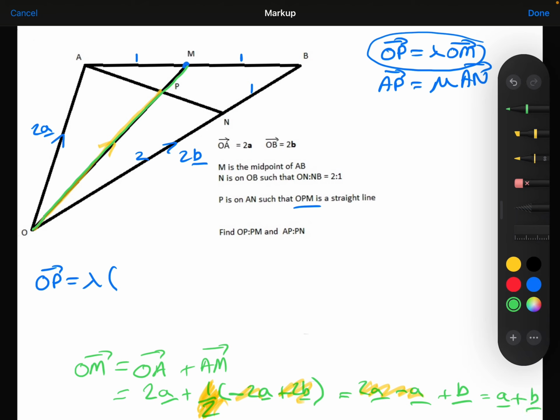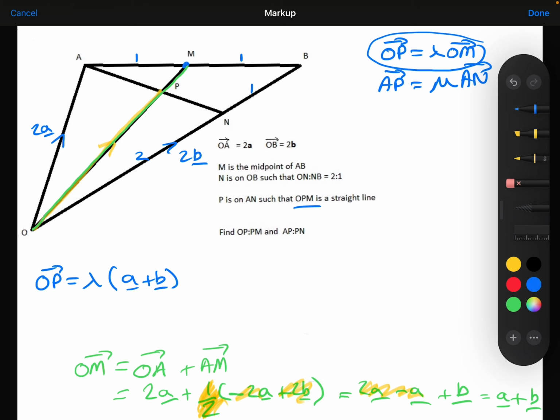So O to M is the same as a plus b. So O to P is some fraction of that.